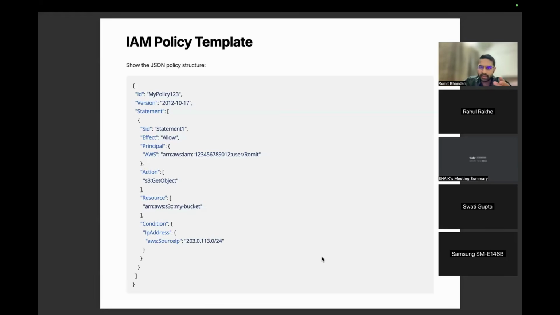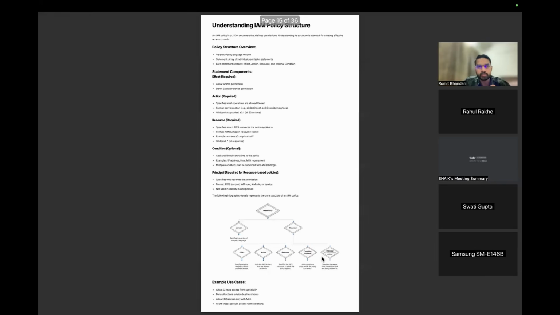So Romit has access to get object from my S3 bucket, on this condition. Okay, so you can put it on a condition based logic as well, and if you don't put a condition, then you just have the permission on that resource for that action. Okay, that's the idea. So this becomes an IAM user identity based policy.